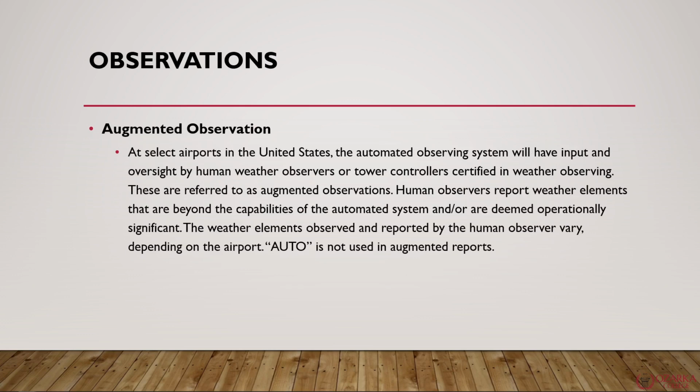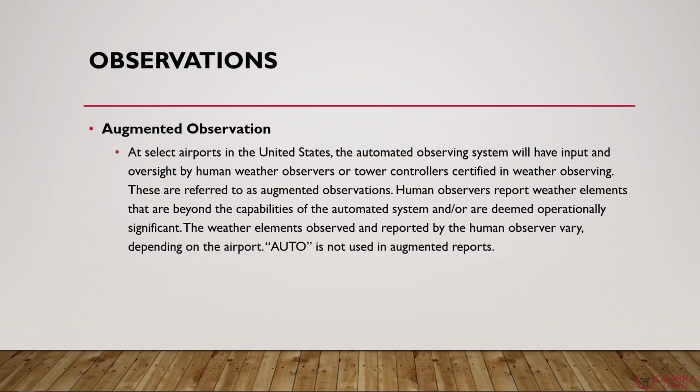So what's an augmented observation? Augmented observations are at select airports in the United States. The automated observing system will have input and oversight by human weather observers or tower controllers certified in weather observing. They are referred to as augmented observations. Human observers report weather elements that are beyond the capabilities of the automated system and are deemed operationally significant.